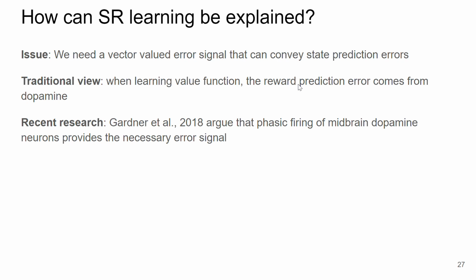Dopamine neurons in the brain, I think they're somewhere in the midbrain, are believed to encode the reward prediction error, which is used to learn your values. So when you're doing the value update, you have a reward prediction error term. It is believed that these dopamine neurons' firing rate encode that parameter.